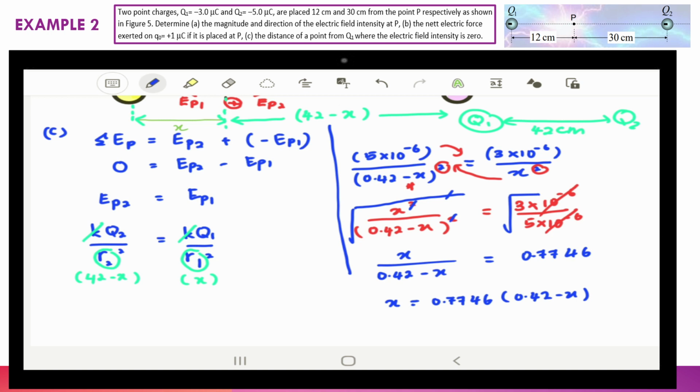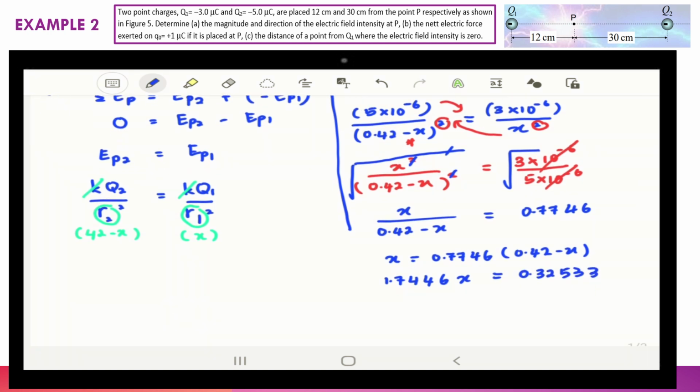So I will straightly write 1.7746 x equal to 0.32533. Therefore, x, the position of point P from Q1, is equal to 0.183 meter. Okay, so this is the answer.